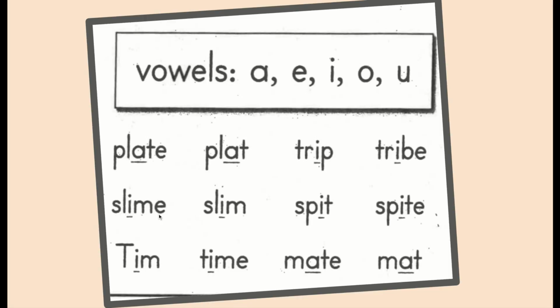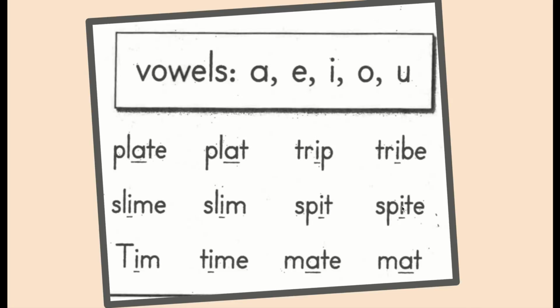Slime. E on the end, the vowel says its name, I. Slim. No E on the end, the I says its sound, I. Spit. Spite.